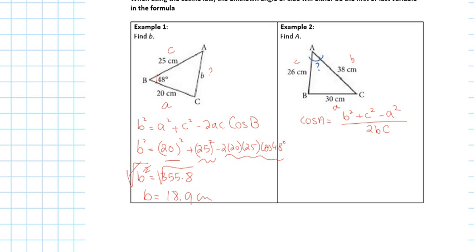As long as you have them correctly labeled, you will not have a problem. Side B is 38, so I'm going to enter 38 for side B, plus side C is 26, minus side A is 30. So you have to make sure that you put squares on top of each one of them. And then you have 2 times 38 times 26.